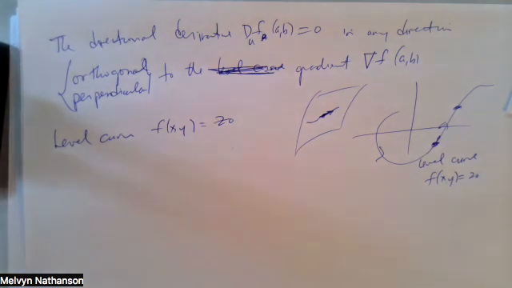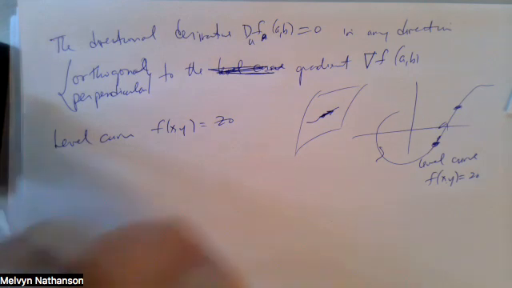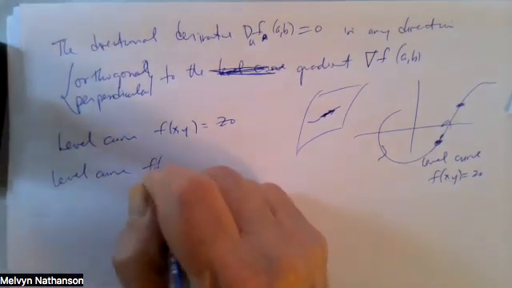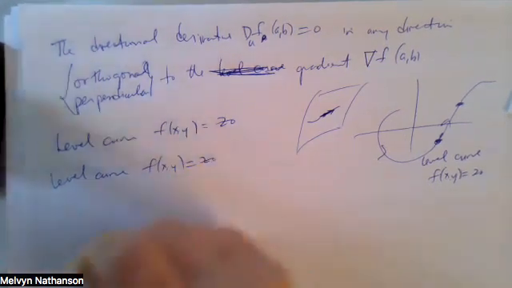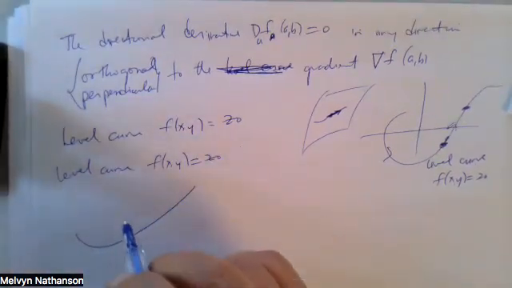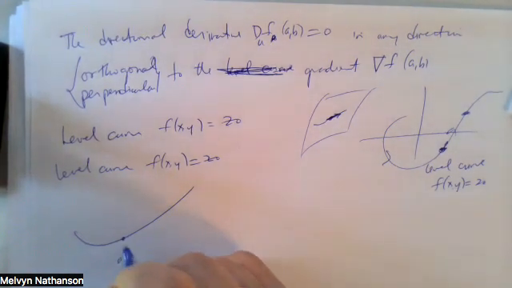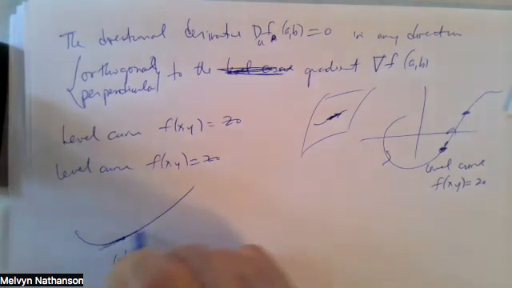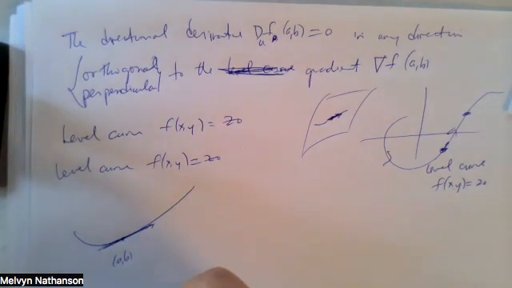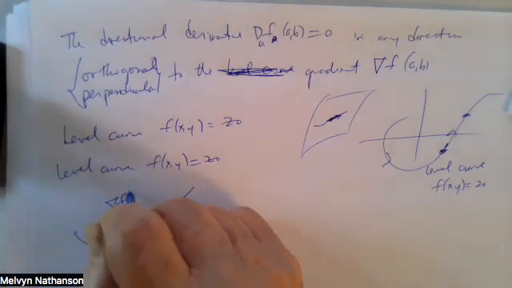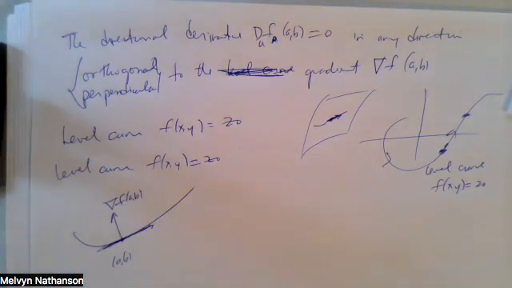So let's see, and I want to find a better way to say this. You have a level curve, f(x, y) equals z naught. That's some curve in the plane. And at some point (a, b), there's a tangent to this curve. And this tangent should be perpendicular to the gradient of the function at (a, b).